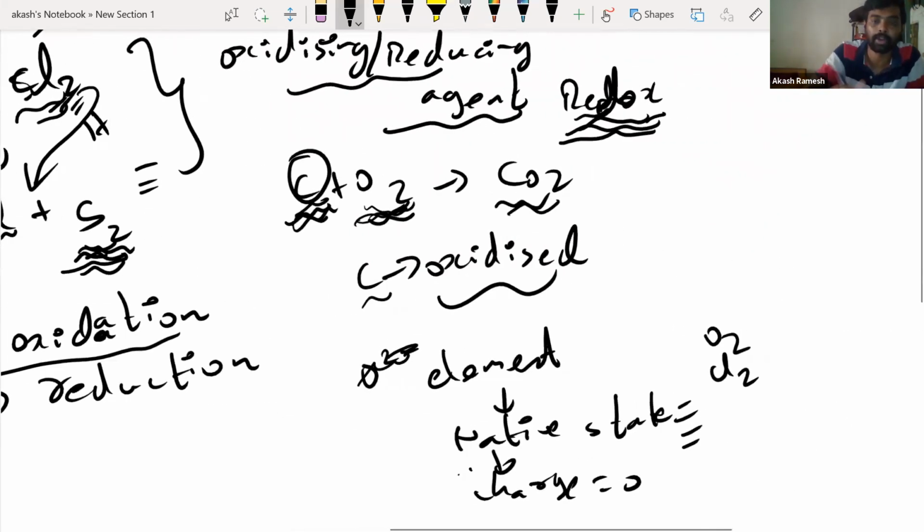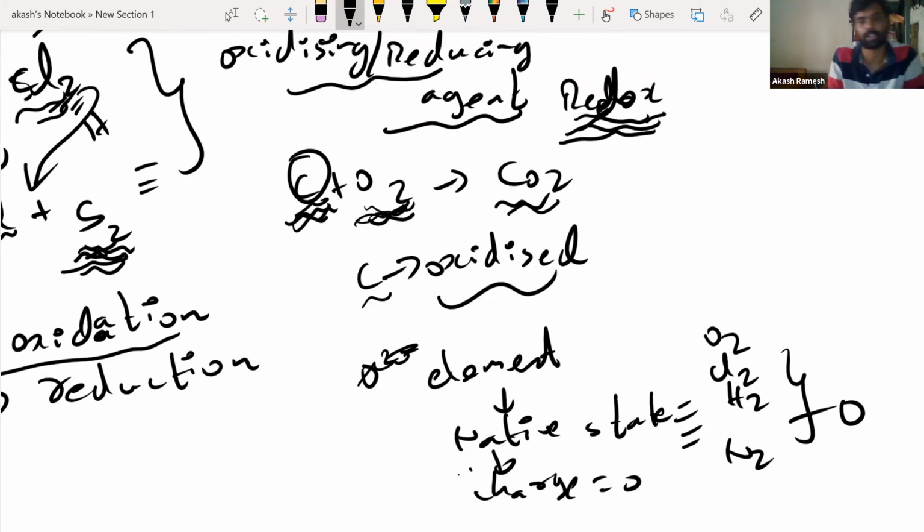For example, O2, Cl2, H2, N2, all these will have a charge of 0. All the elements, hydrogen, nitrogen, chlorine, oxygen, and even magnesium, sodium, whatever it is, all of them will have a charge of 0.